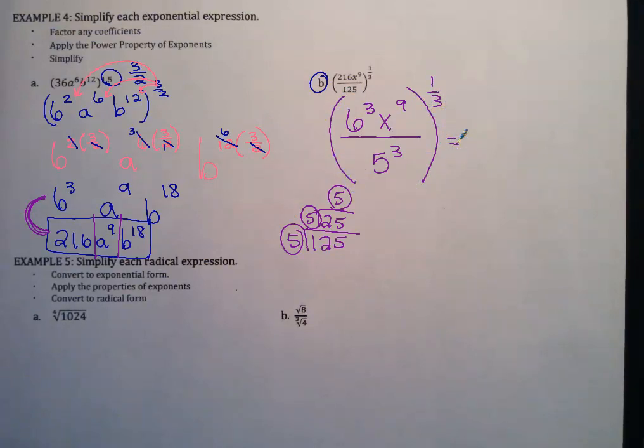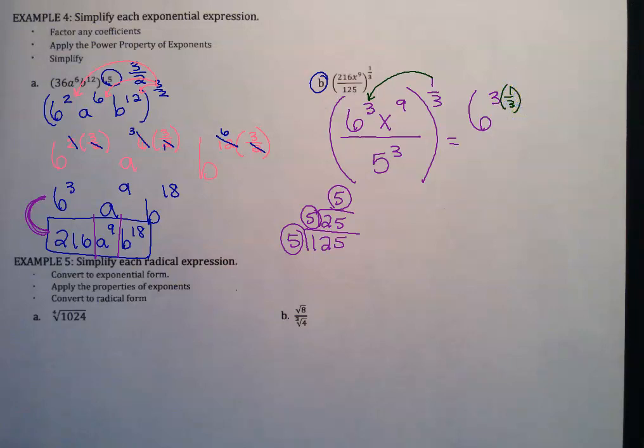All right, so Brandon, help me with that. Now I'm going to have 6 to the 3rd times what? Remember, this distributes. 1/3. Good.